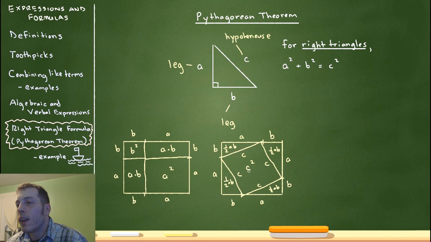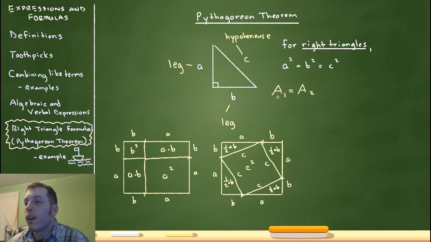So now, since these are the same square, I know that their areas are the same. So area of the first square is equal to the area of the second square. So the area of the first square is b squared plus, now we have ab plus ab. Those are like terms, so we have 2ab and then plus a squared.